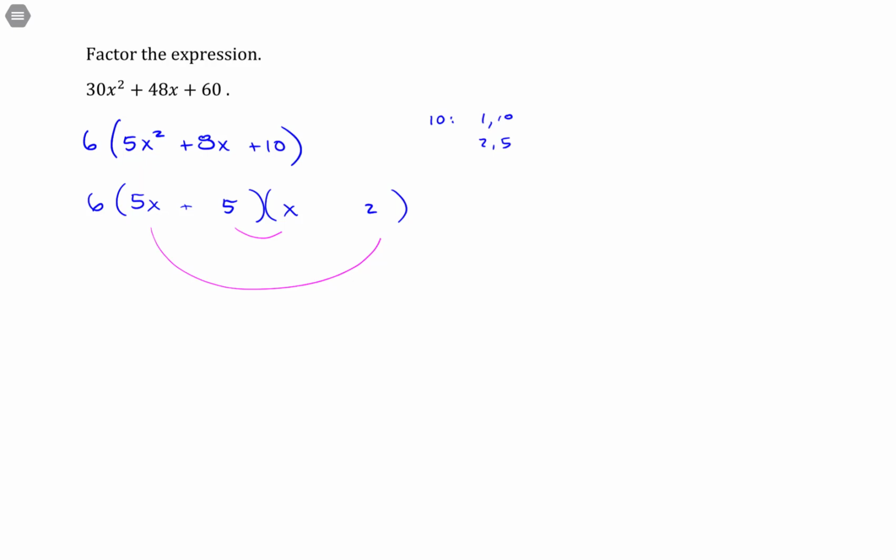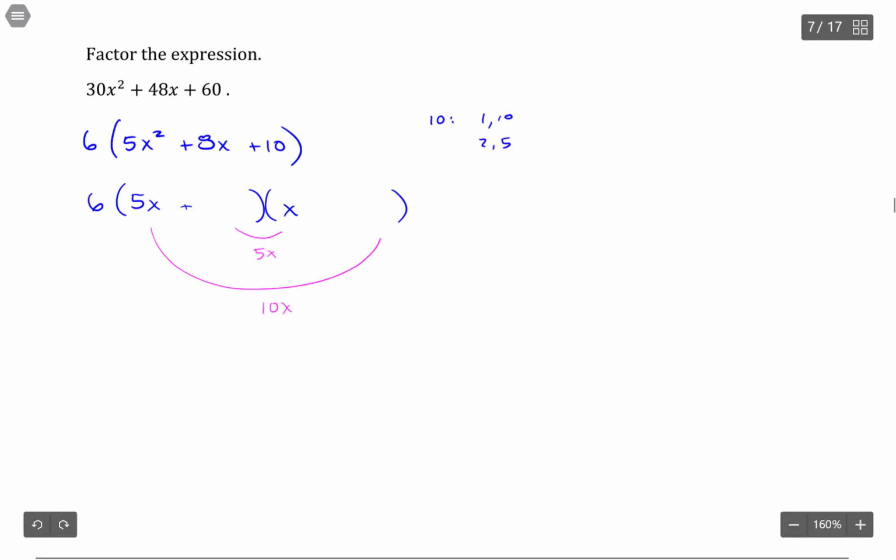Since that doesn't exist, I know these combinations won't work, but I'll go ahead and show you. 5 times x is 5x. 2 times 5x would be 10x. And these could add to 5x or 15x, but not 8x. Okay, so we've ruled out the possibility of 2 and 5.